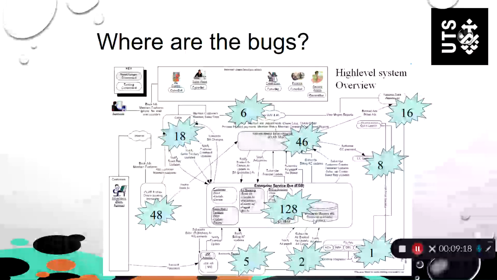So usually there is a so-called 20-80 rule. If you invest the first 20% of the time, you may find 80% of the bugs. But for the rest of the 20% of the bugs, if you want to find them all, you need to invest another 80% of the time. So when do you stop? That's a management decision, right?